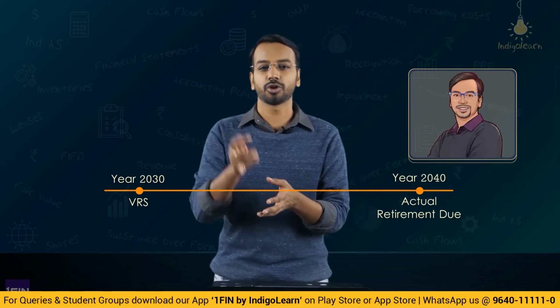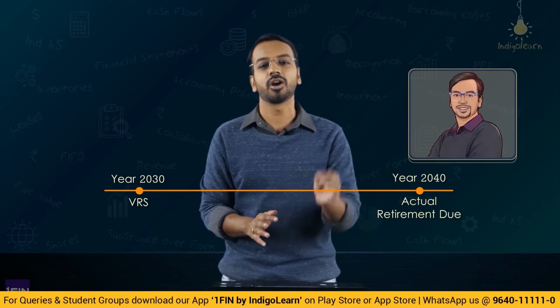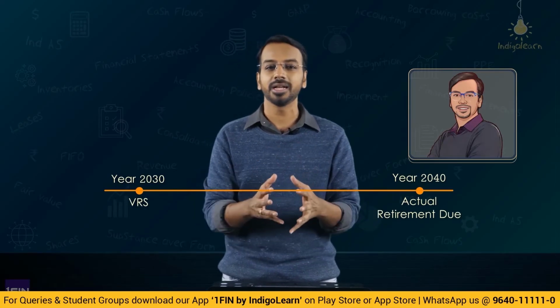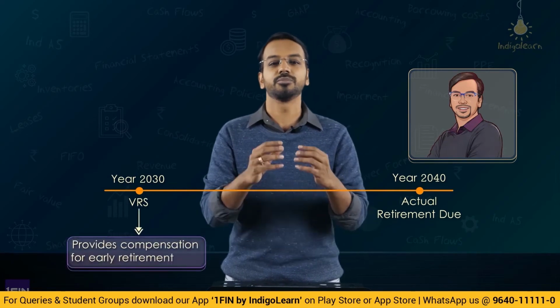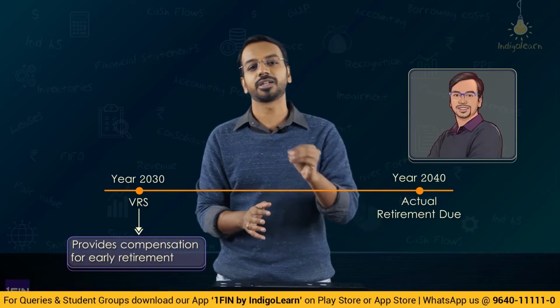We are offering the employees a choice: continue to work till 2040, or take some lump sum payment and retire in 2030 itself. This is termination of employment, and if the entity is required to pay some benefit because of such termination, those are called termination benefits.